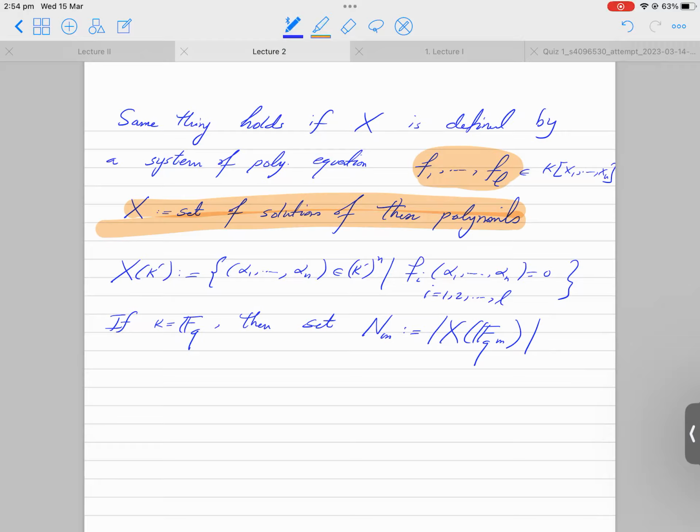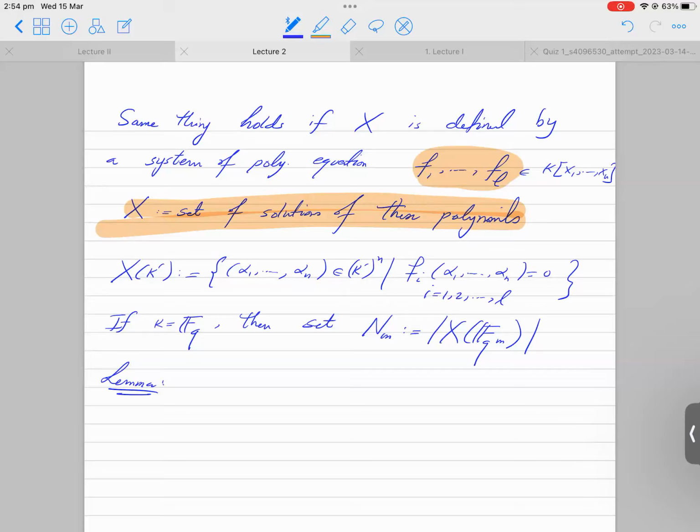Okay, now the relationship between the number of rational points and the number of closed points is given as follows. Lemma. Why do I want this relationship? Because remember, the zeta function that we defined for curves is given in terms of the number of closed points, the number of maximal ideals.